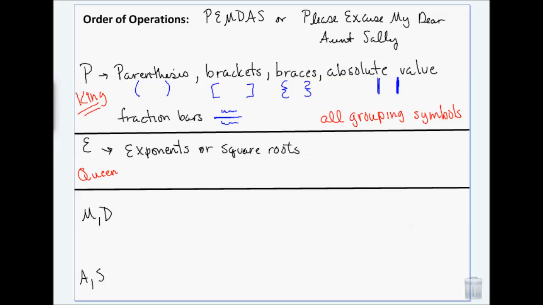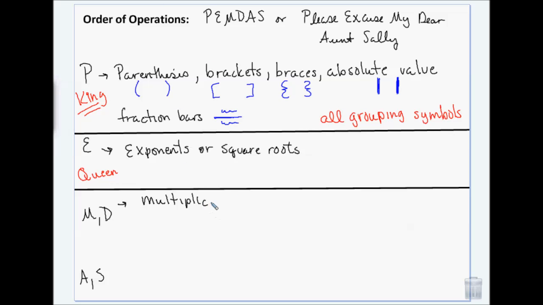So if the exponents are the queen, next we have multiplication and division. Only it's not and. The way you learn it in elementary school or earlier or later, it made it seem like you go through the problem, you do all the multiplication, and then you go through the problem and you do all the division. But that's not actually the case. You want to do one or the other. So you do multiplication.